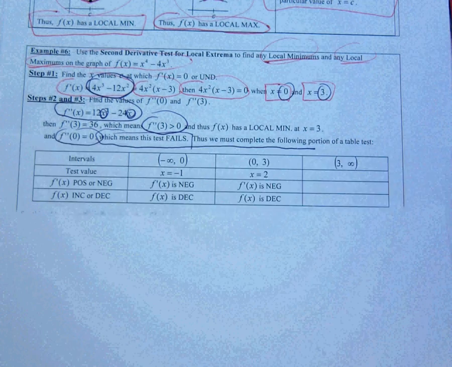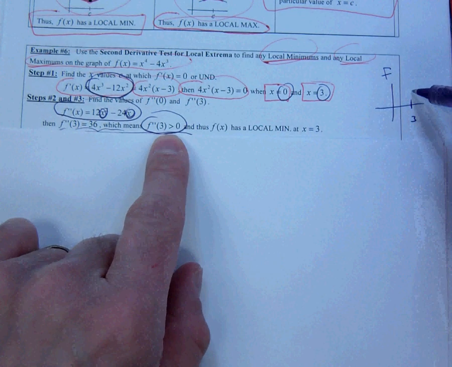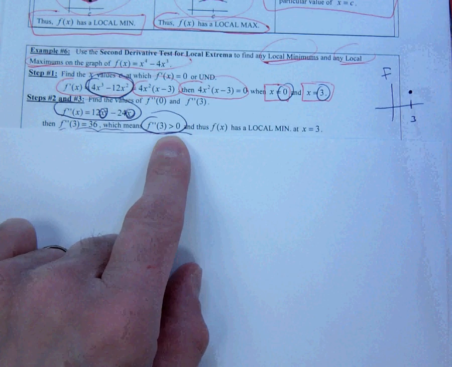All right, so here we go. Therefore, what can we say just looking at 3? Since F double prime turned out to be positive, what can you say about F? Well, at 3, since F double prime is positive, F is concave what?